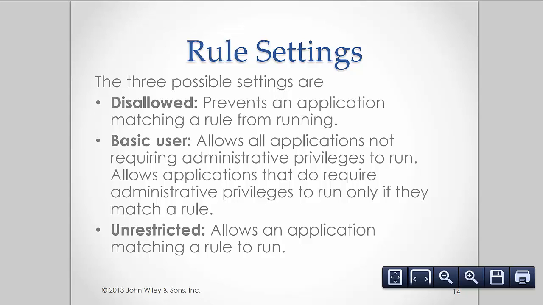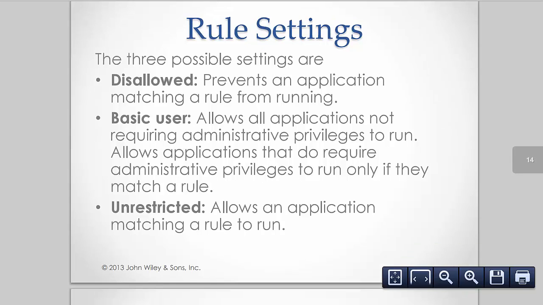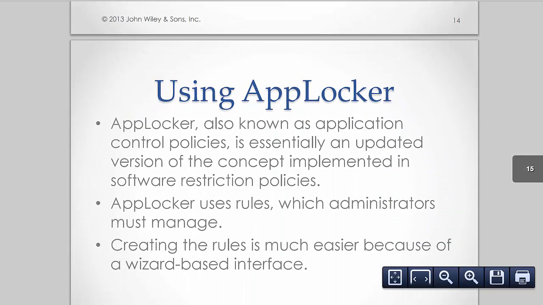Here, what we're talking about is basically saying, okay, if they don't need administrative privileges, go ahead and run it. Unrestricted allows an application matching a rule to run. So again, we have to define each and every application.